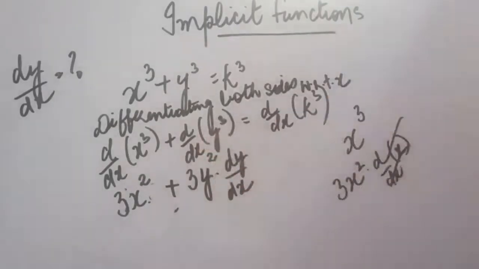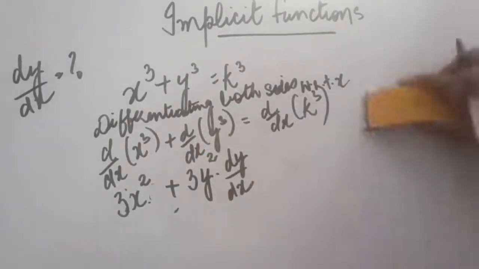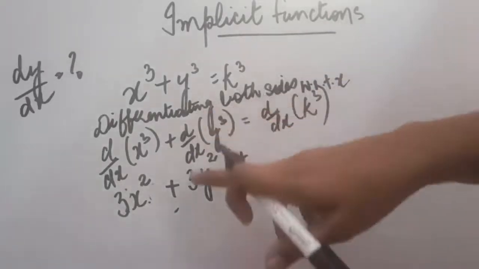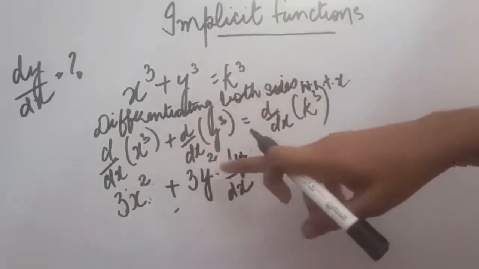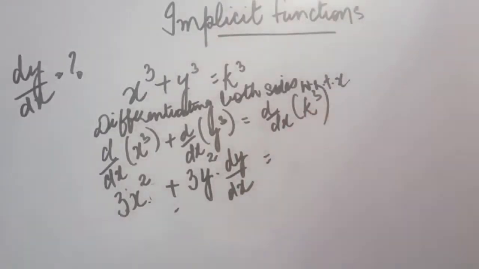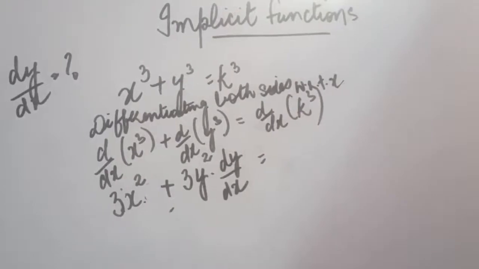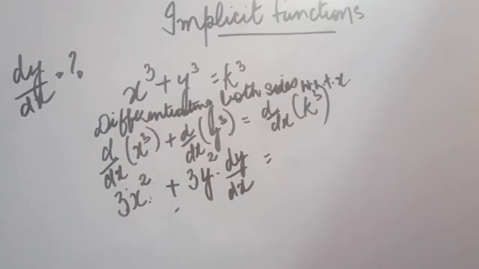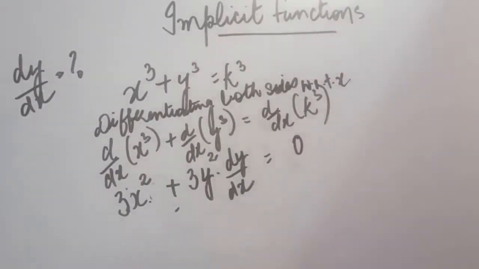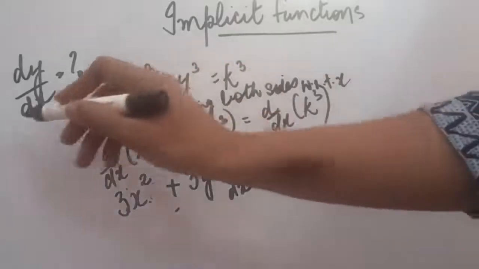But here y is there, so 3 will come forward, y square, but this y has still to be differentiated. On the right hand side, the differentiation of k cube: k is a constant over here, and we all know the differentiation of a constant is always equal to 0.